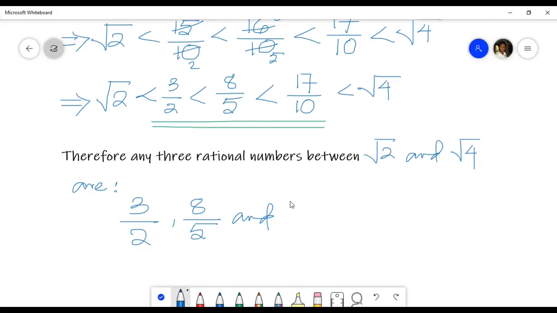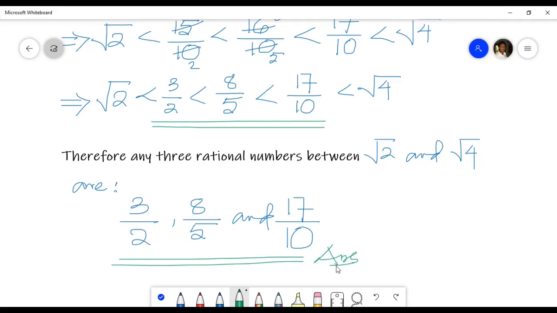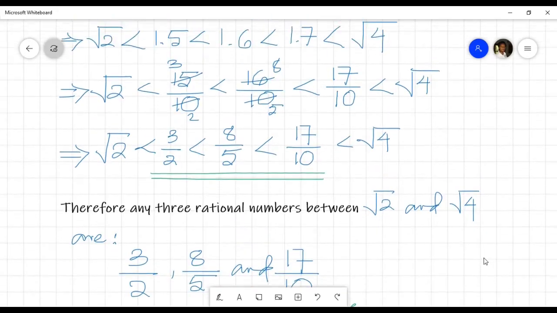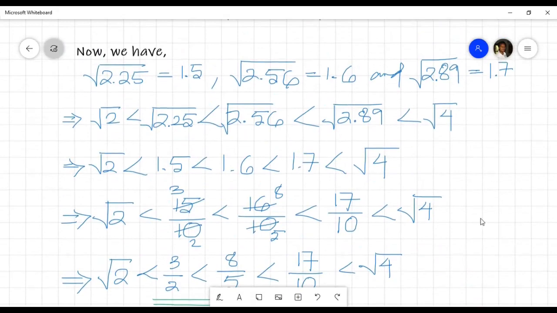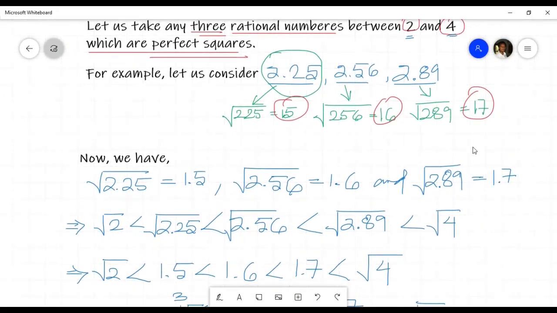Quite easy, right? It's not that tough. You just have to go through it once again or twice or thrice. Practice it by yourself. So this is the answer. Any three rational numbers between root 2 and root 4. We have found the answer for this question.